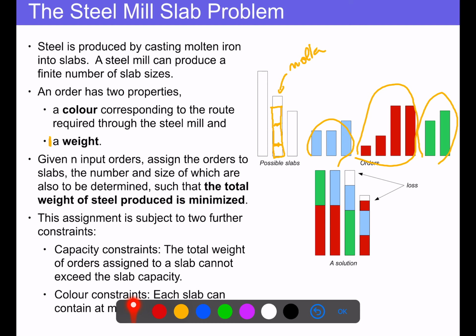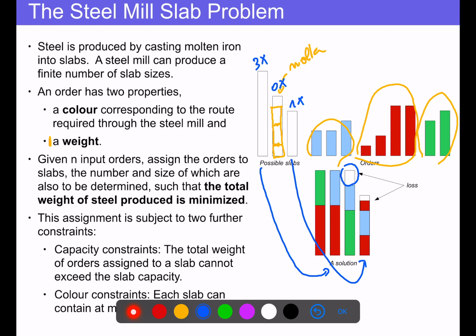So for instance, this is one solution. You would choose 3 times this slab. So this slab is used 3 times, and then this slab is used once, and this one is used 0 times, and this one is used there. And then you will assign the orders to the slabs, and this part that you see here will be lost because the slab will be completely filled.